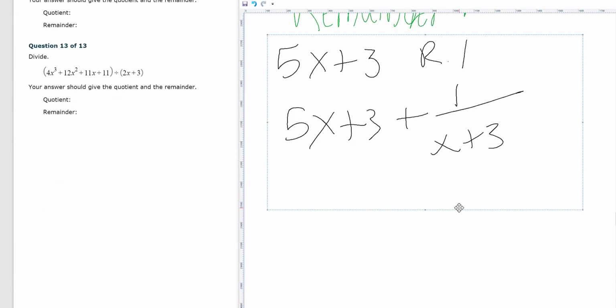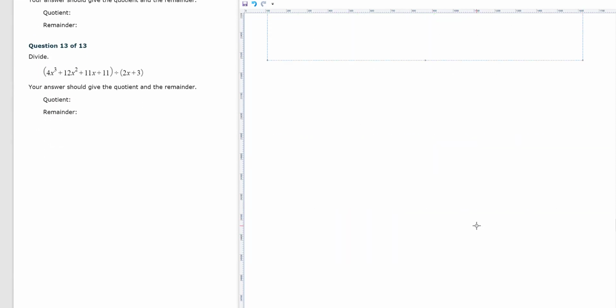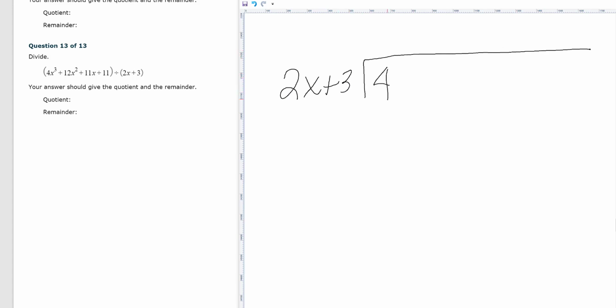All right, one more, number 13, the same type. Long division. I'm going to divide 2x plus 3 into 4x cubed plus 12x squared plus 11x plus 11.